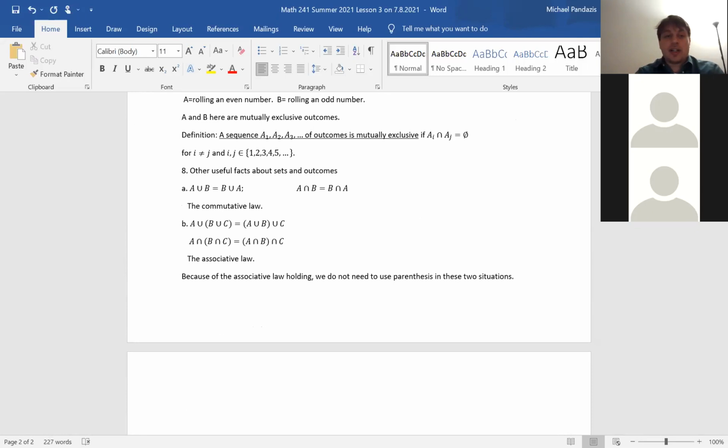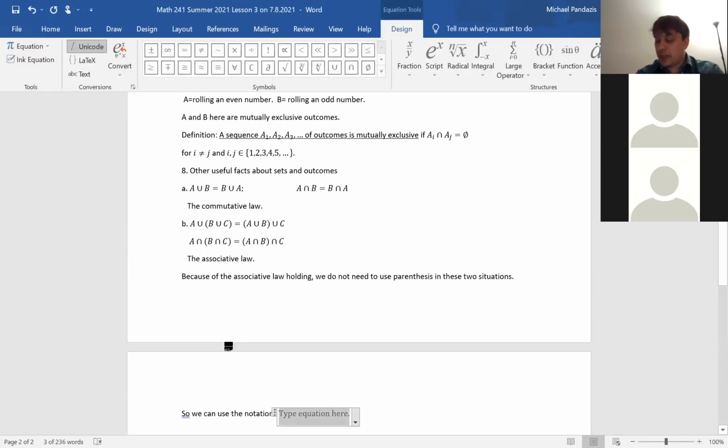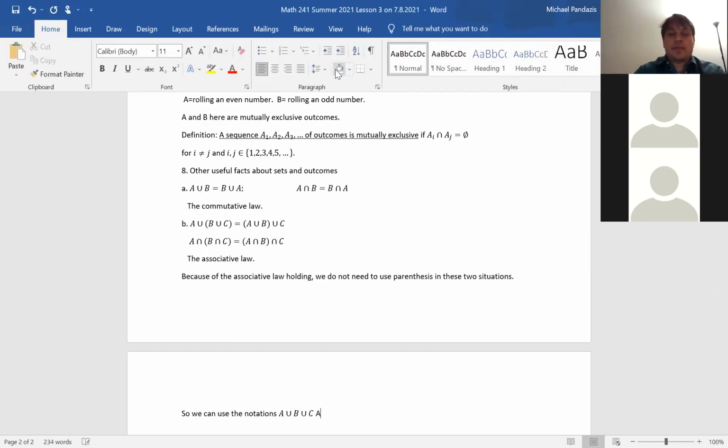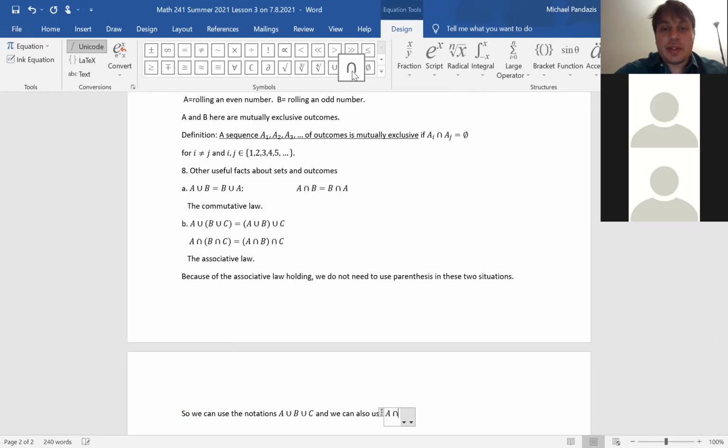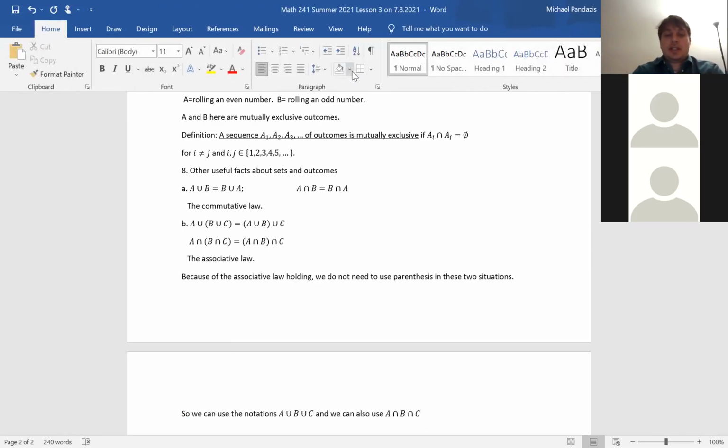And so we can use the notations A union B union C, and we can also use A intersection B intersection C, instead, just without parentheses, because both of the orders are the same. Okay.